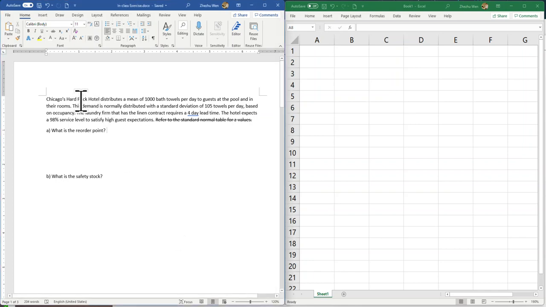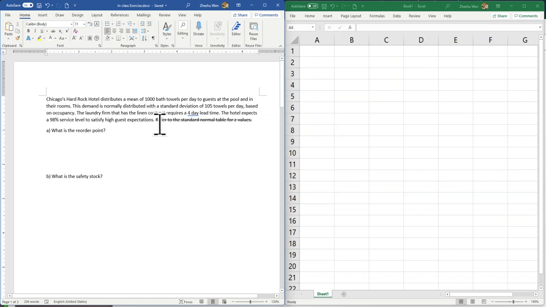It says Hard Rock Hotel distributes a mean of 1,000 bath towels per day to guests in their rooms. Their demand is normally distributed with a standard deviation of 105 per day. Based on occupancy, the linen contract requires a 4-day lead time.